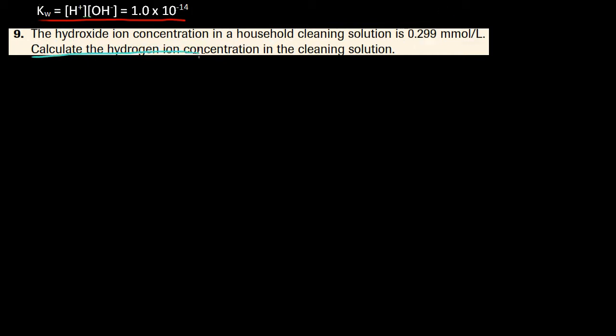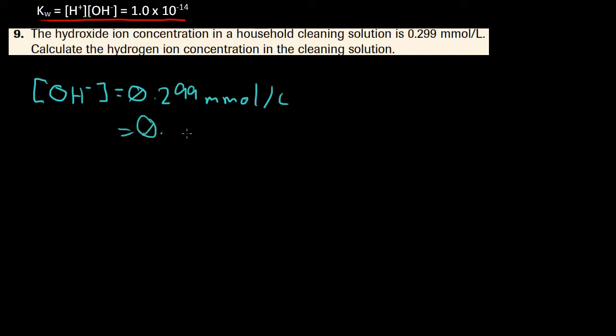Calculate the hydrogen ion concentration in this cleaning solution. So our given information is we know that the hydroxide ion concentration, or the concentration of OH-, is equal to 0.299 millimoles per liter. Now, that's the same as saying 0.299 times 10 to the negative 3 moles per liter.